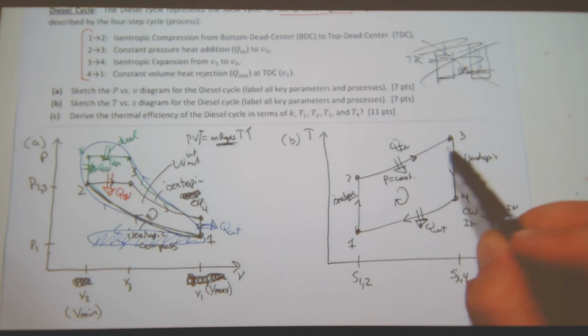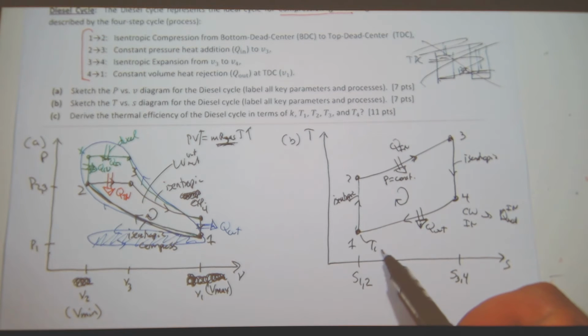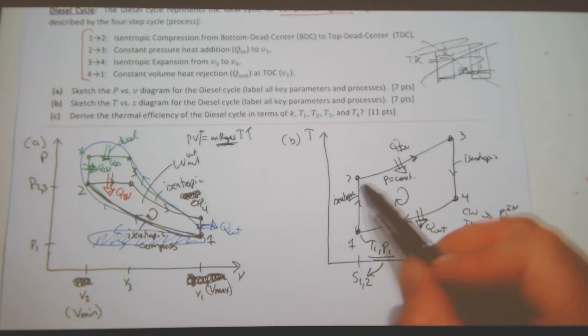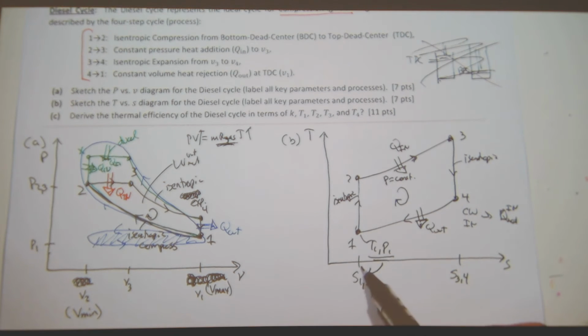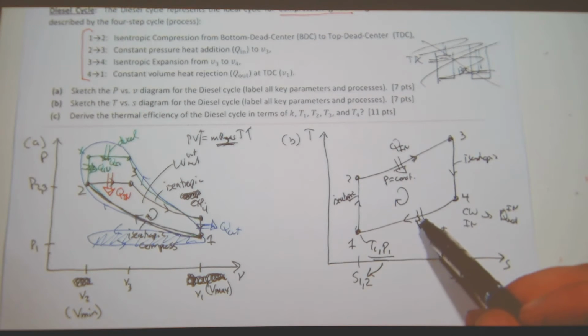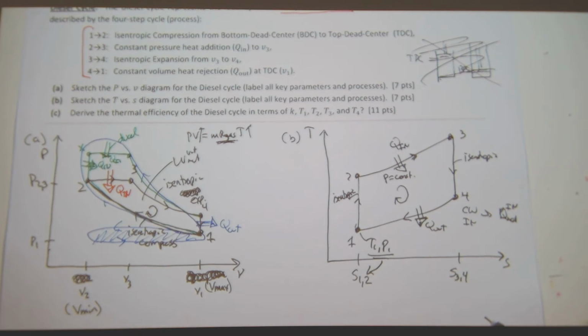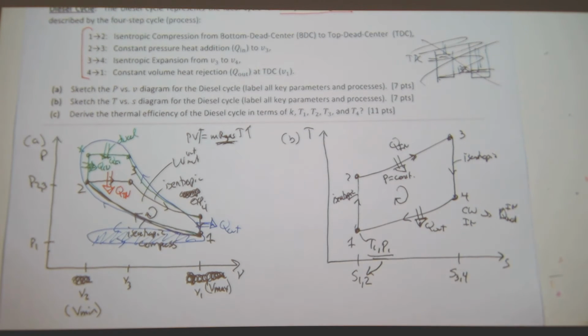So if I go through a cycle, I'm at T1, P1, which corresponds to S1, and so I know the state of the system here. I go through my cycle, I end up back here. I have no change in entropy for a cycle. I have no change in internal energy, but I do have heat transfer for a cycle. Are there any questions on these diagrams?